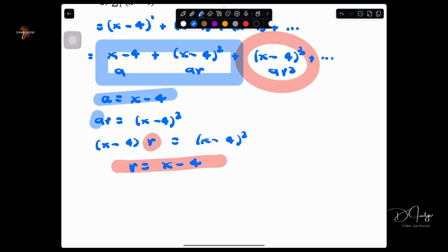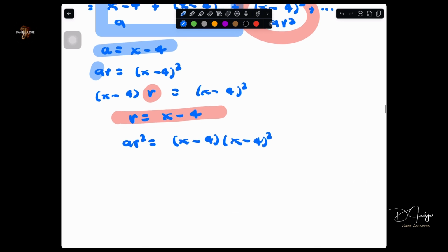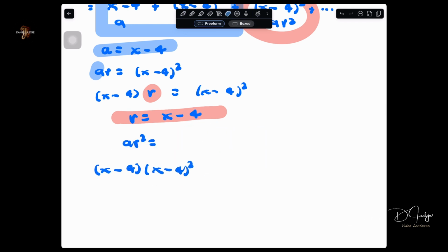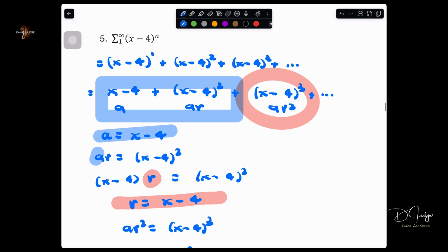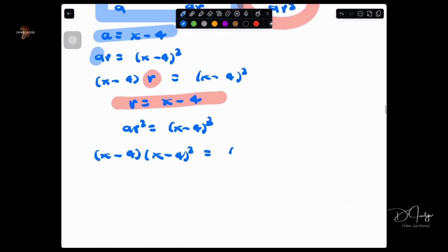And so we're going to have convergence now. This is in fact geometric. You say, how do we know? Because AR squared will be x minus 4 times x minus 4 to the second power, which is x minus 4 to the third power. So it does check out.